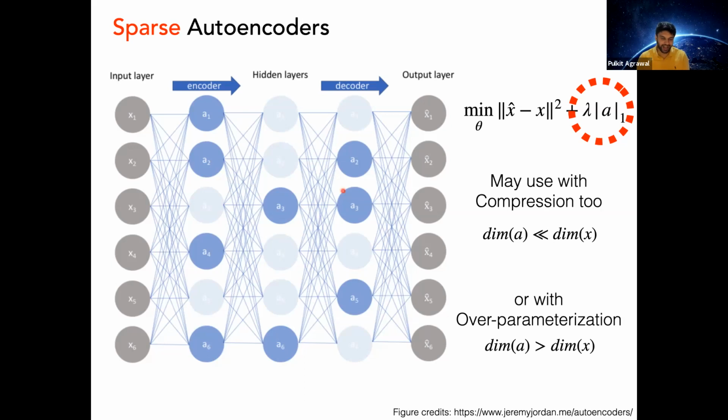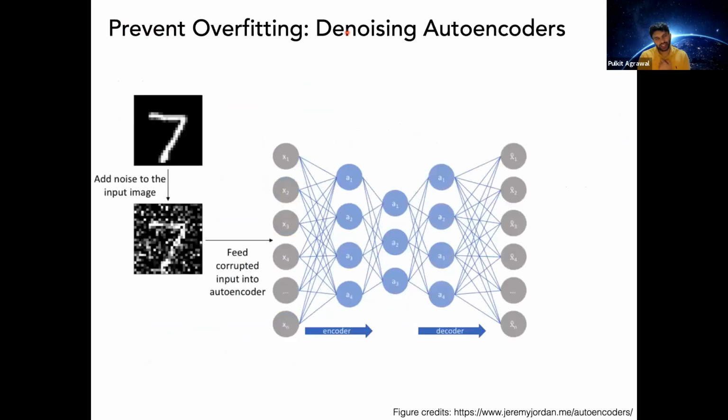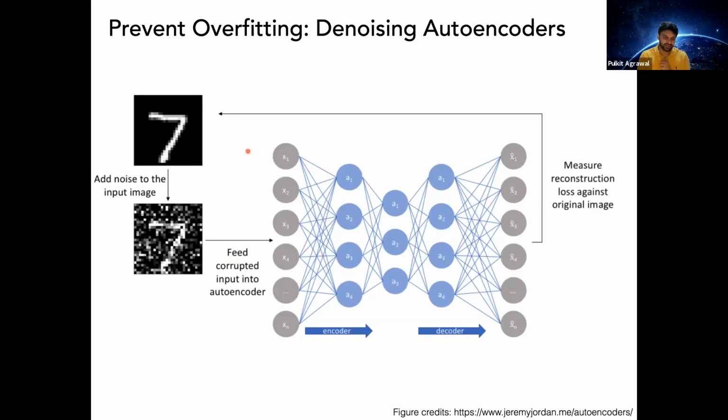So to overcome that issue, there was this paper called Denoising Autoencoders around 10 years back, which said, well, let's take the original image, but add some noise to it. And then I'm going to try to reconstruct the original image. So in this case, my autoencoder cannot just memorize the features, but has to reason about something more in the image.